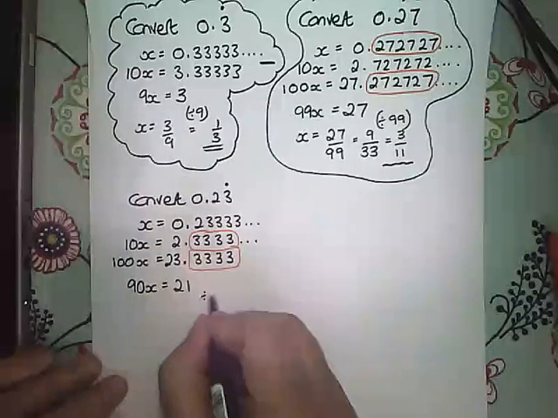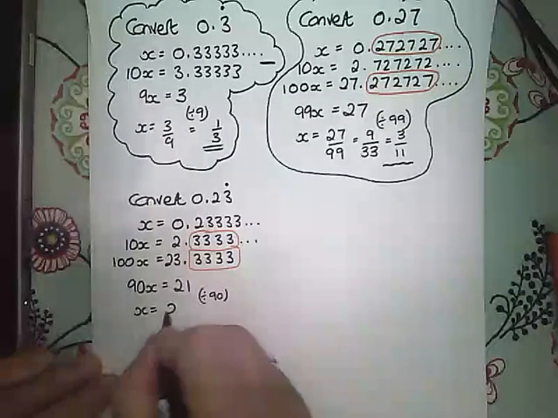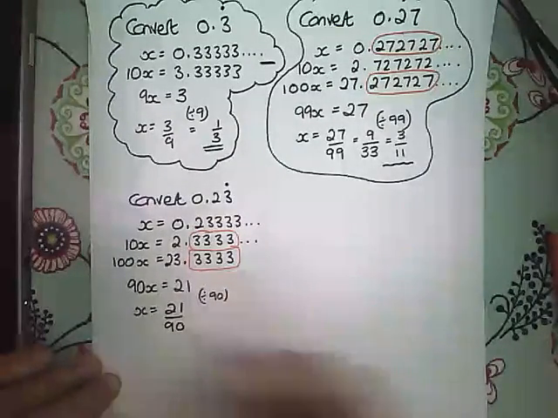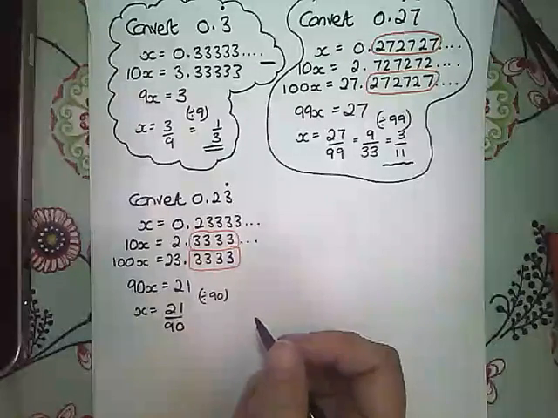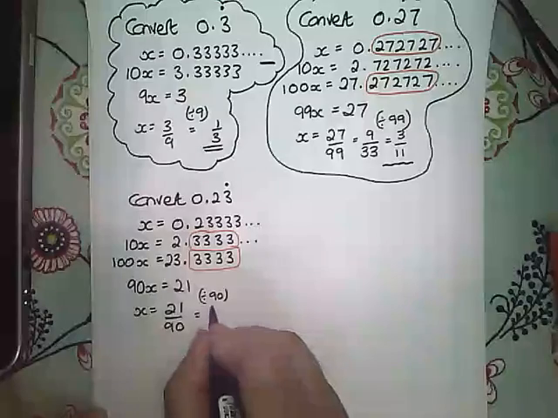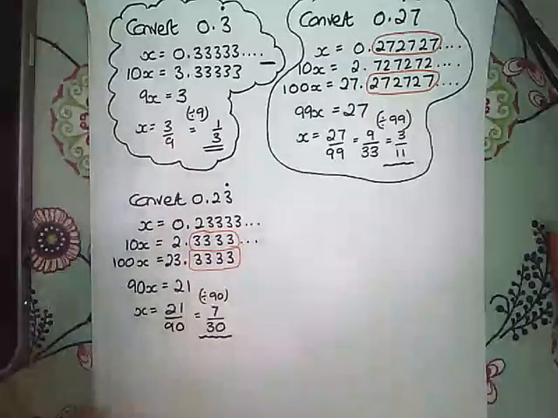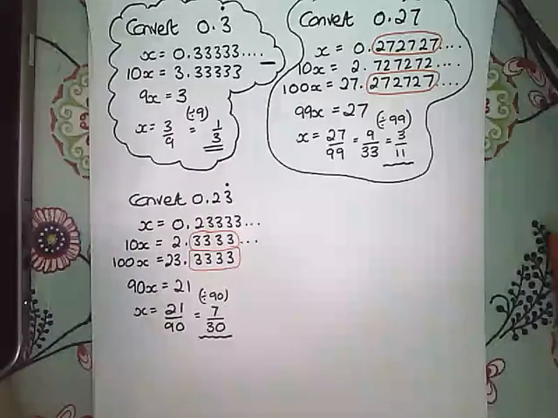Divide by 90, x is equal to 21 over 90. And again, we could cancel this down, couldn't we? Because 3 goes into the top and into the bottom. So 3 7s are 21, and this would be 30. So 7 over 30 would be our final answer for this one.